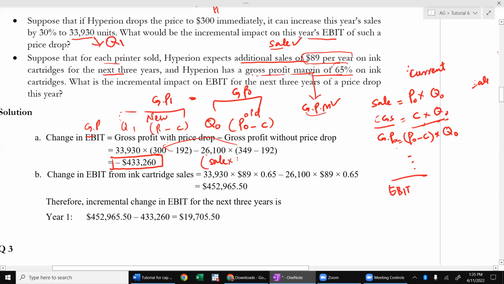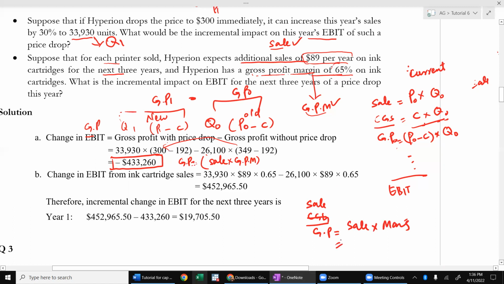Sale multiplied by gross profit margin is equal to gross profit. So I write it here for you. So sale, CGS, and gross profit. Since CGS is not given, we are calculating sale into margin.